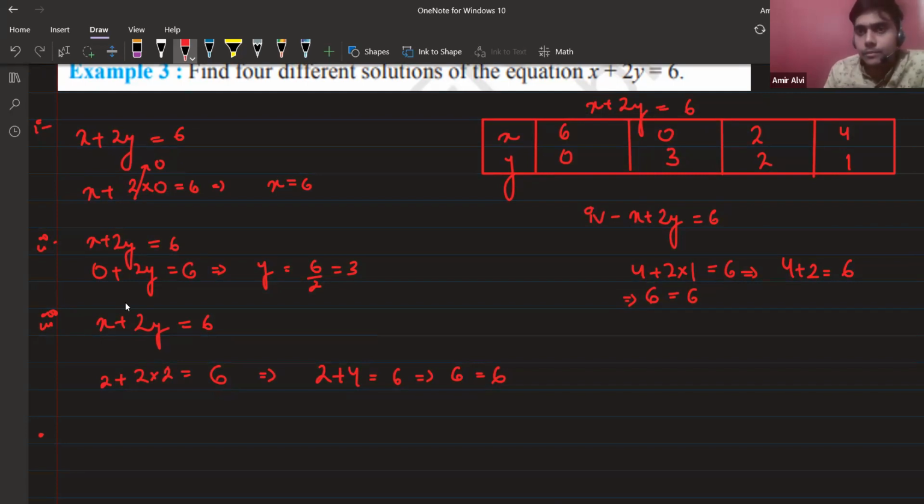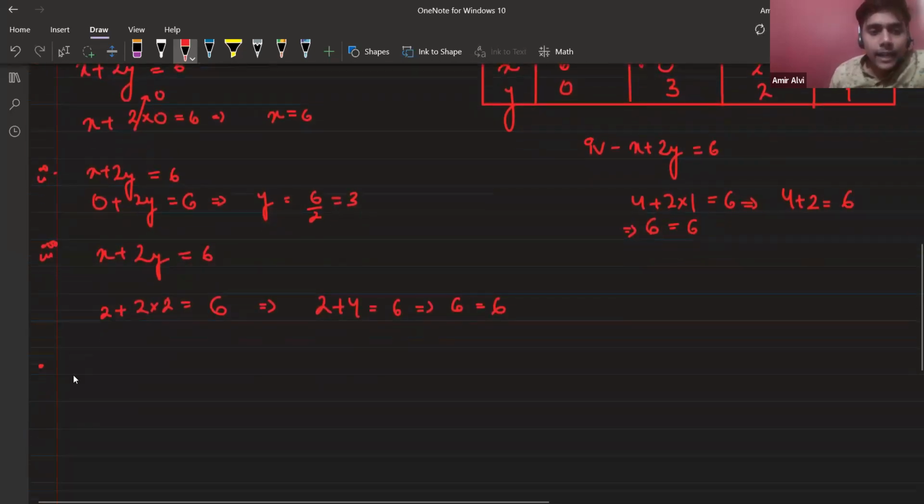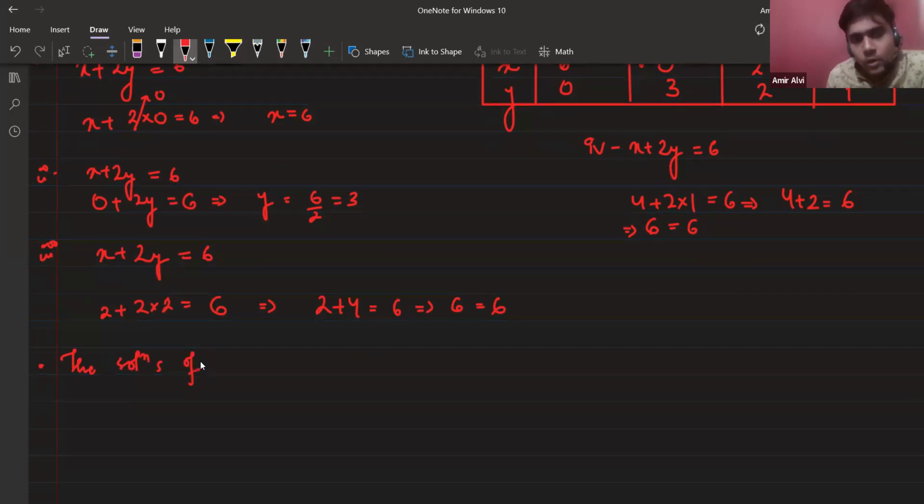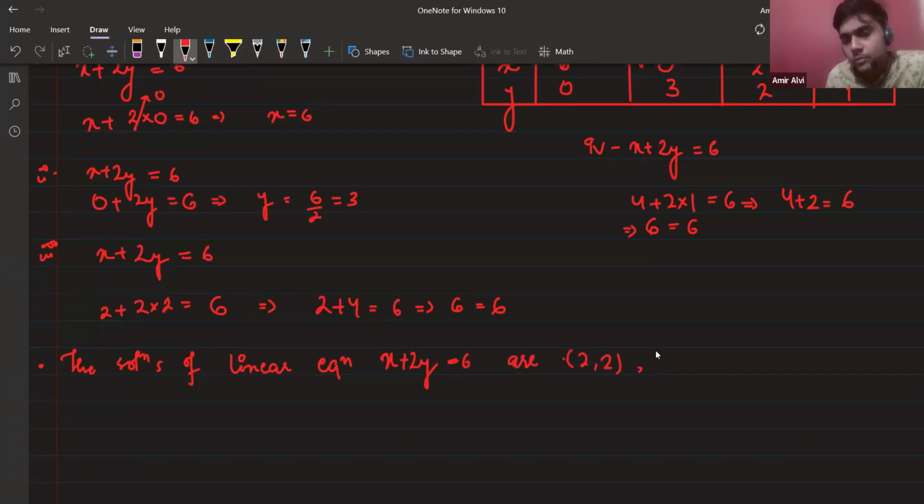Okay, so now you will write that the solutions of the linear equation x plus 2y equals 6 are (2, 2), (0, 3), (6, 0), and (4, 1).